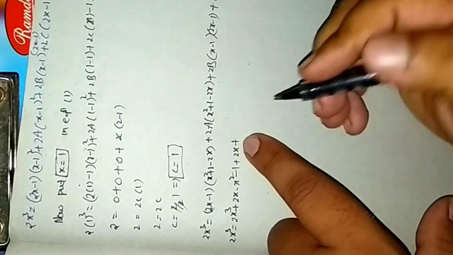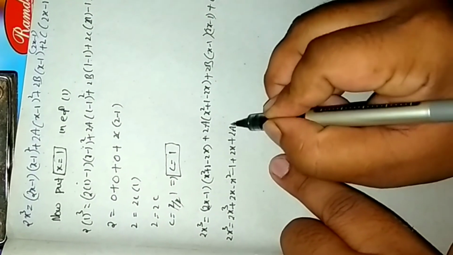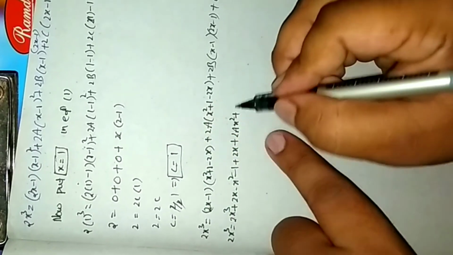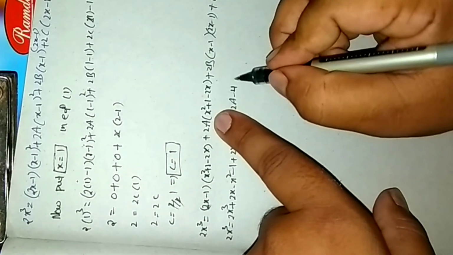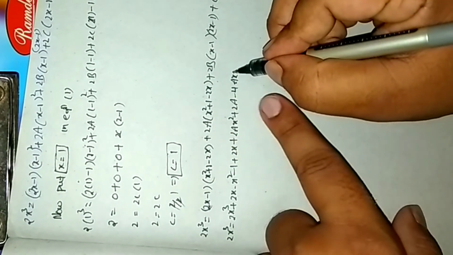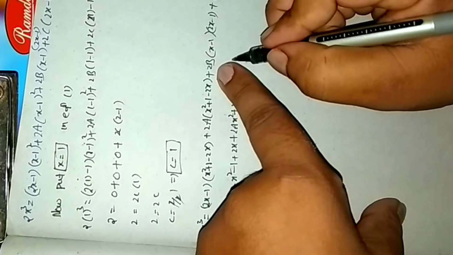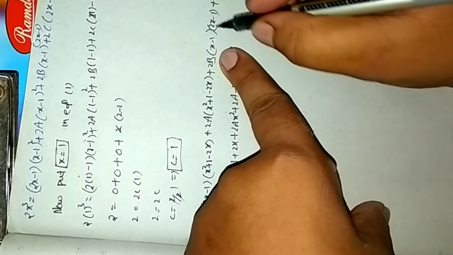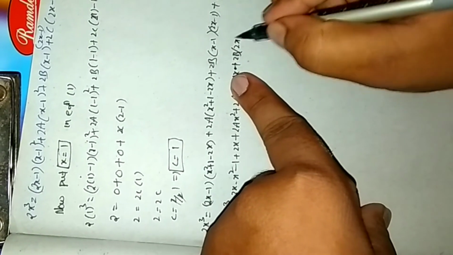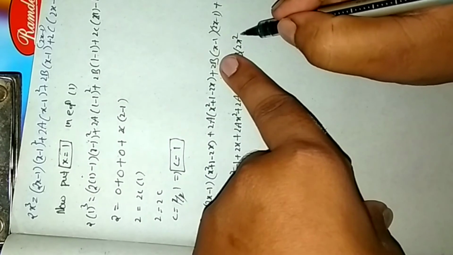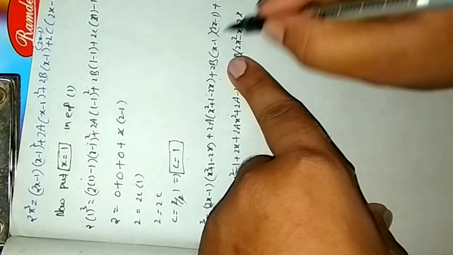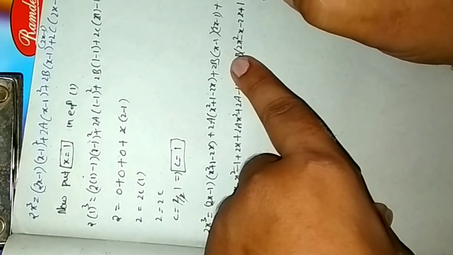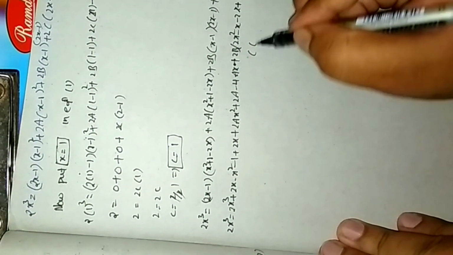Plus 2a into x square, 2a x square, plus 2a into 2, minus 4a x, plus 2b of x into 2 x square, x into minus 1, minus x minus 1 into minus 2x, minus 1 into minus 1 plus 1, plus c of 2x plus 1.